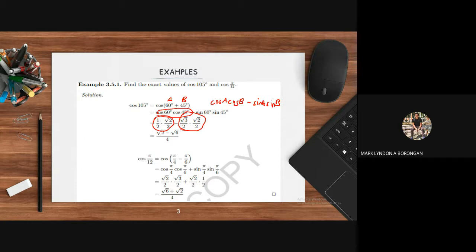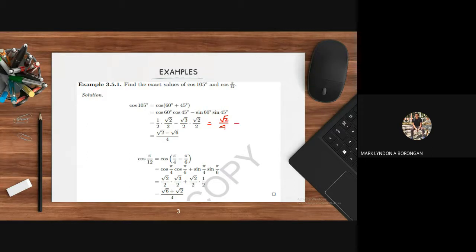Pag simplify na nimo, ang denominator, multiply nimo 4. 1 times square root of 2, you'll have square root of 2 lang.